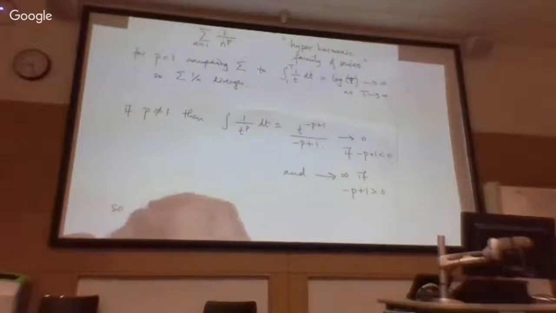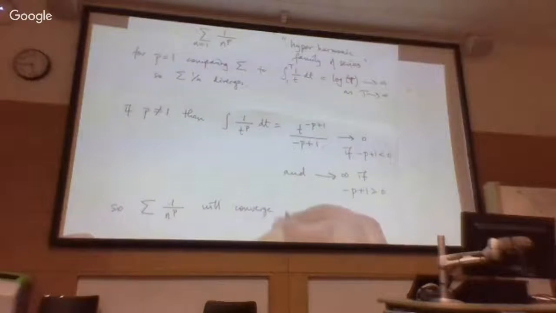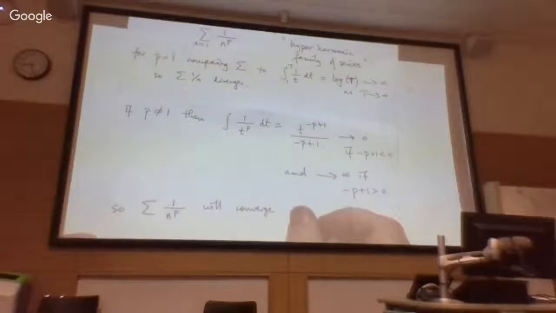So the series, the sum of 1 over n to the p, will converge if minus p plus 1 is less than 0, i.e. if p is greater than 1, and diverge otherwise, if p is less than or equal to 1.